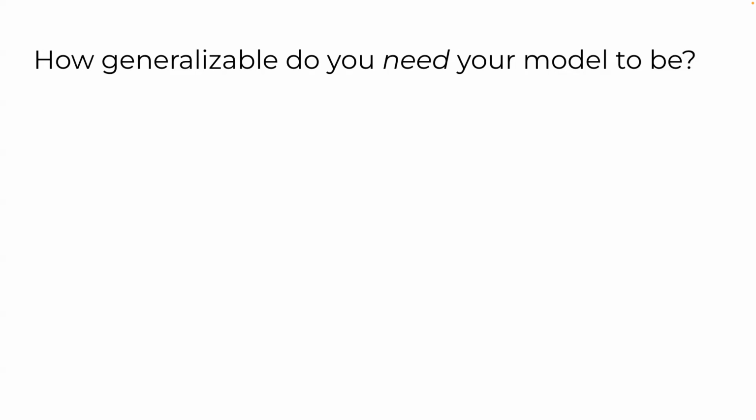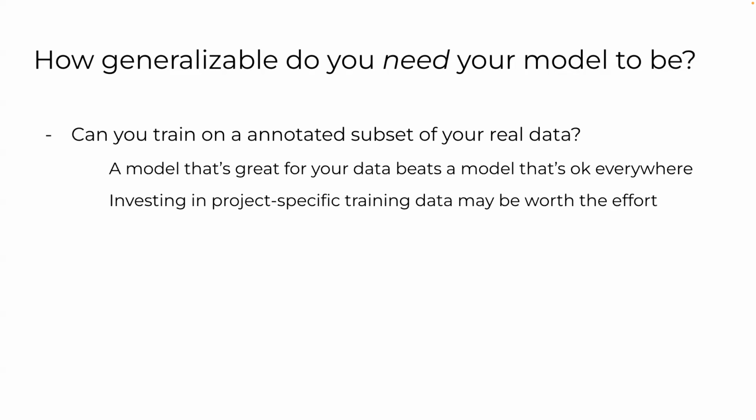You could go forever. But the reality is your model has some application. And if you can train on a subset of data from the actual place you want to use your model, then at that point your model doesn't really need to be generalizable. It's kind of like an extrapolation versus interpolation problem.